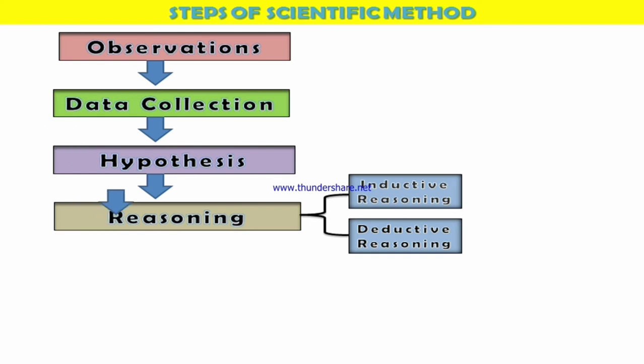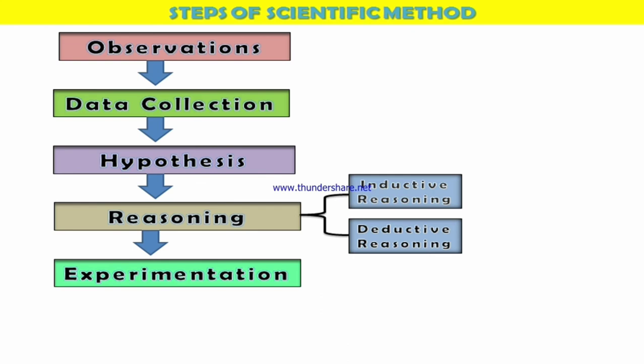Now experimentation. After the inductive and deductive reasoning, we have to perform an experiment. The experiment is the procedure carried out to prove something. Your experiment tests whether your prediction is accurate, and thus whether your hypothesis is supported or not.